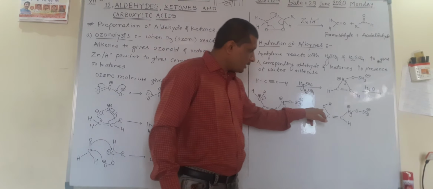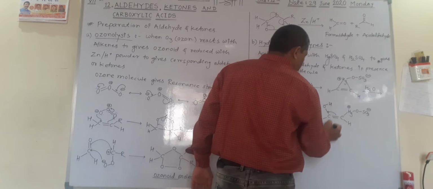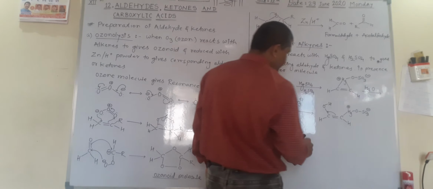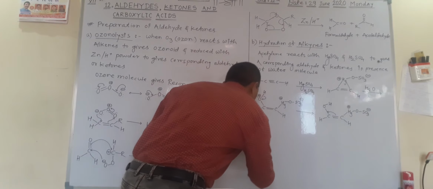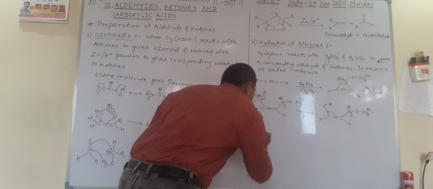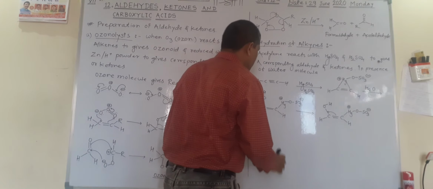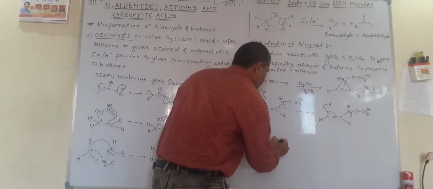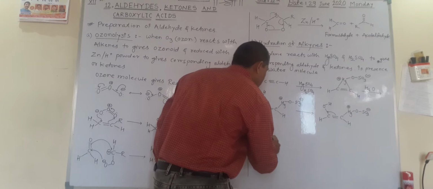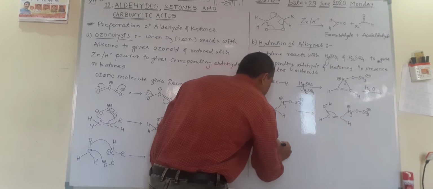This double bond can be shifted to here. Here a double bond and a single bond are created. This bond can break, and one electron goes to this carbon.